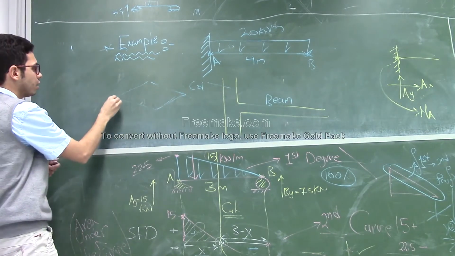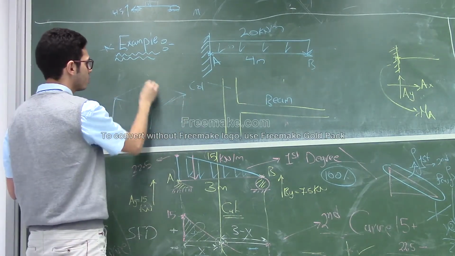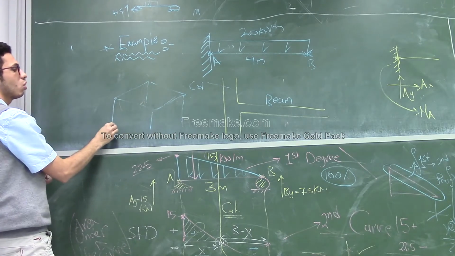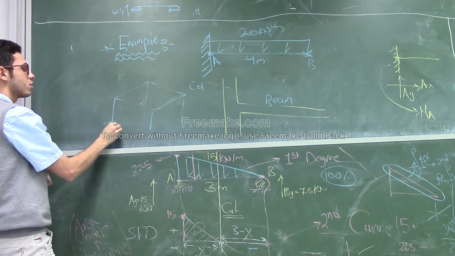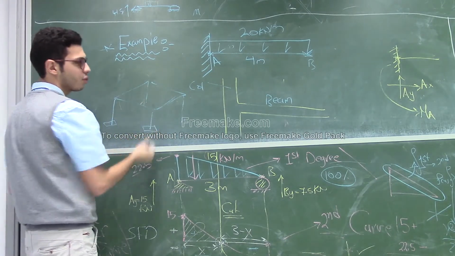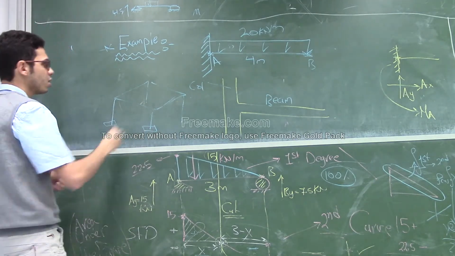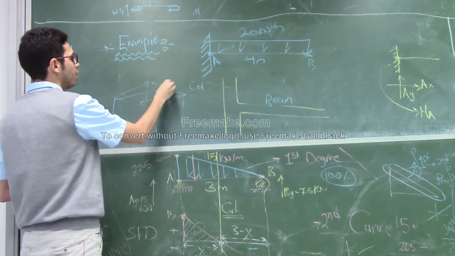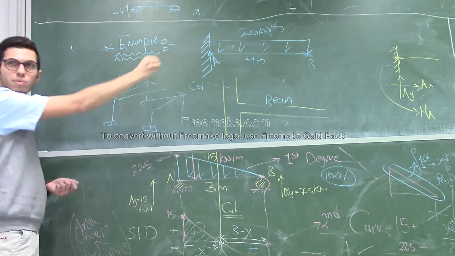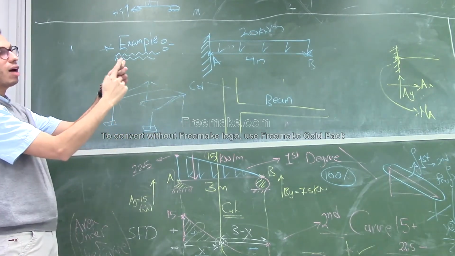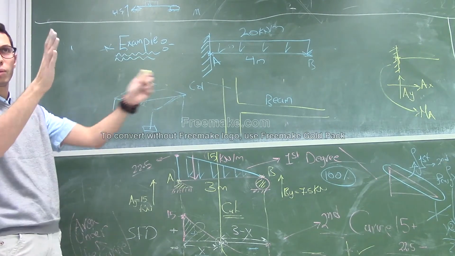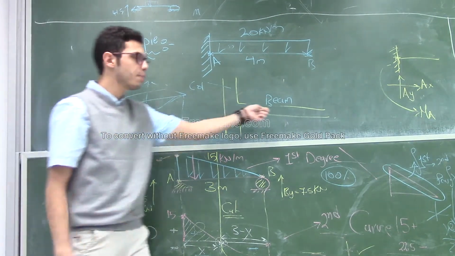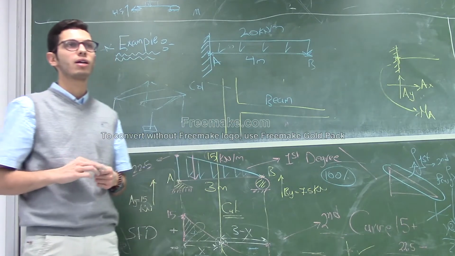You have columns, and at the end of these columns you will have foundations, or you can call it a footing. So this is the slab. Here, these lines are beams. Each beam has a column from both sides. So this is the beam, and this is the column.